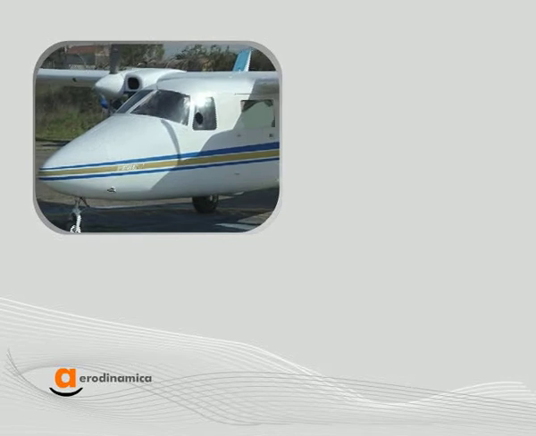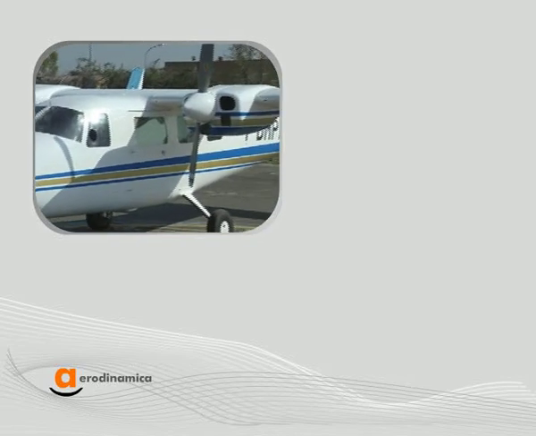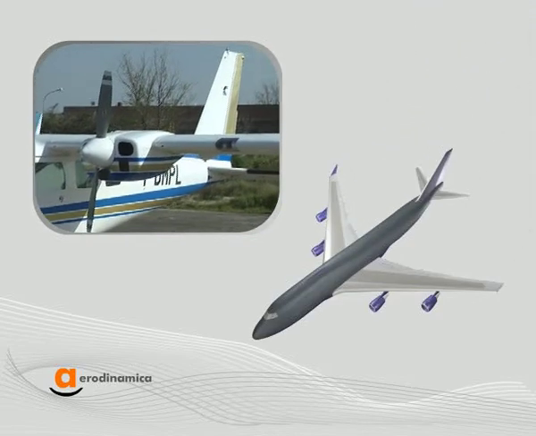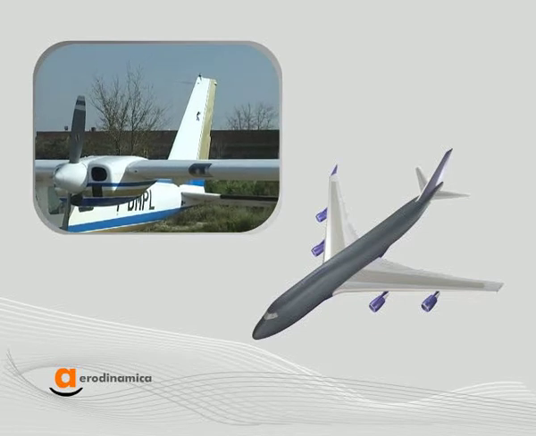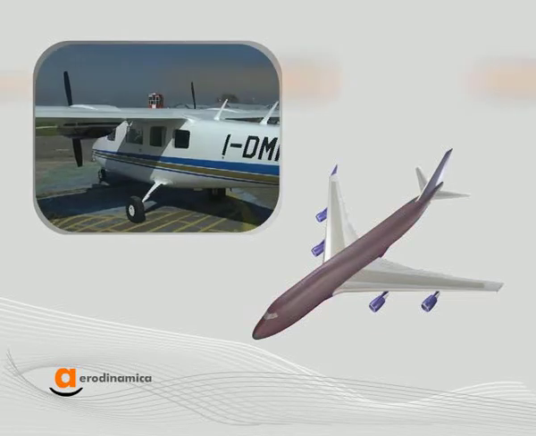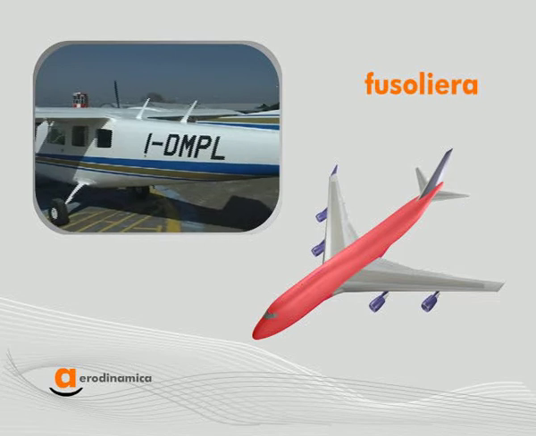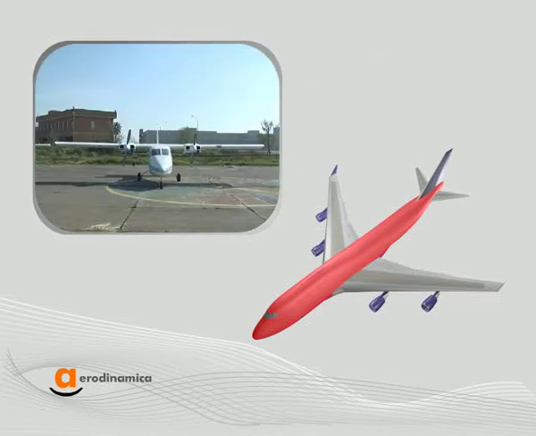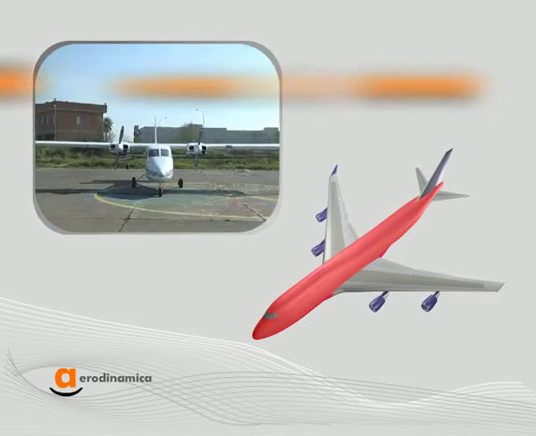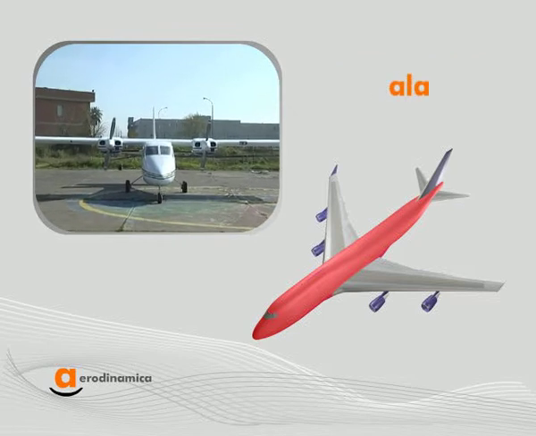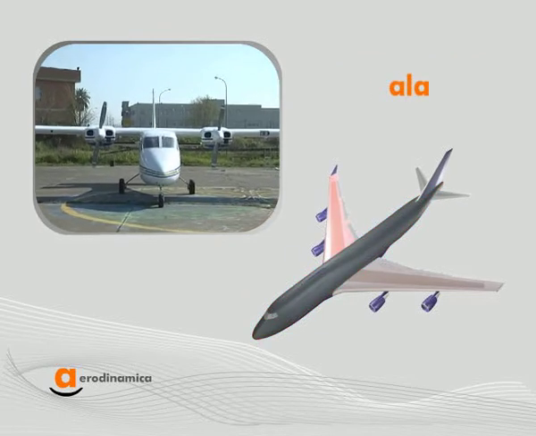Let's take a look at the main items of an airplane. An airplane like this, but also the B747 or a military one, can be seen as a body. The fuselage connects to the various surfaces. The basic surface is the wing, which is divided into two halves, the right wing and the left wing.